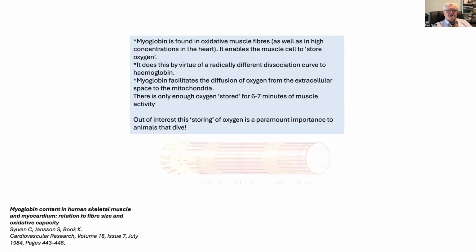It stores oxygen by virtue of a radically different dissociation curve to hemoglobin. Myoglobin facilitates the diffusion of oxygen from the extracellular space to the mitochondria. There's only enough oxygen stored for a few minutes of muscle activity. Out of interest, this storing of oxygen is of paramount importance to animals that dive.